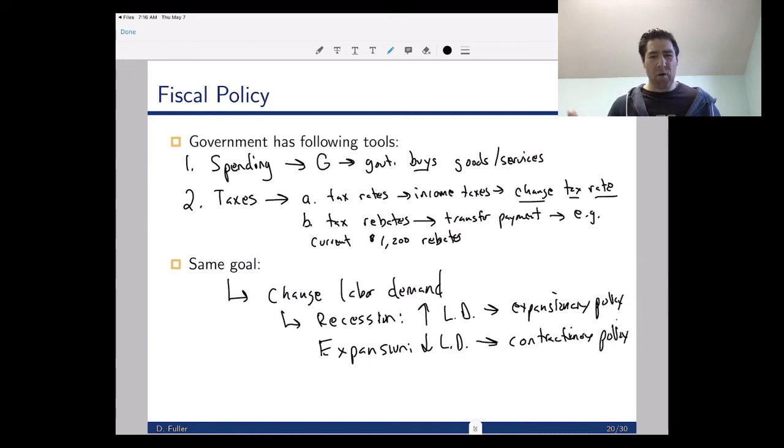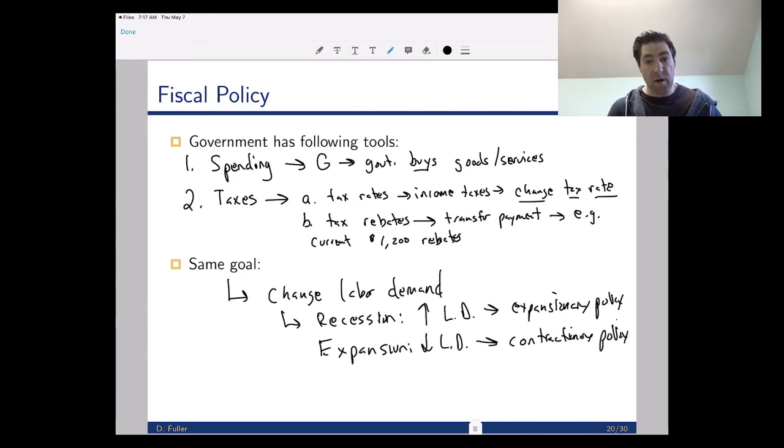Now, as you'll see, we're going to focus mostly on expansionary policy for the government, which they use in a recession, because this is the one that they typically use. The government very, very rarely, even historically, has engaged in contractionary policy, for obvious reasons. Contractionary policy, as we'll see, is going to decrease employment. It's going to make the economy do worse than it currently is, and that's not something politicians are necessarily eager to do.